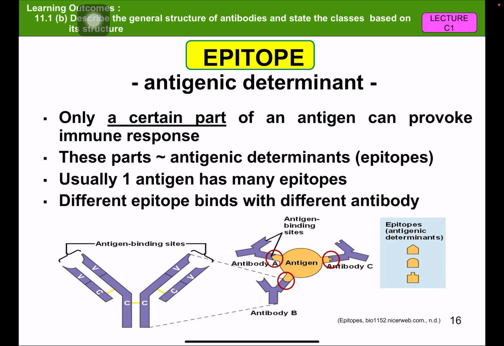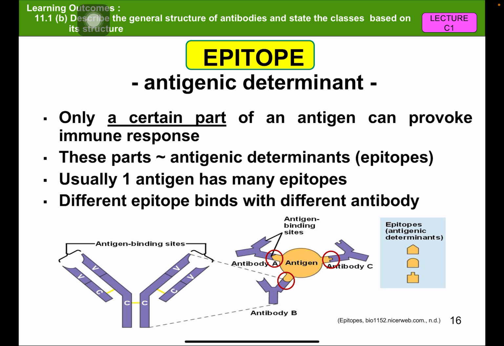And what is an epitope? An epitope, also known as the antigenic determinant, is a certain part of an antigen which can provoke an immune response. Usually one antigen has many epitopes, and different epitopes will bind with different antibodies.